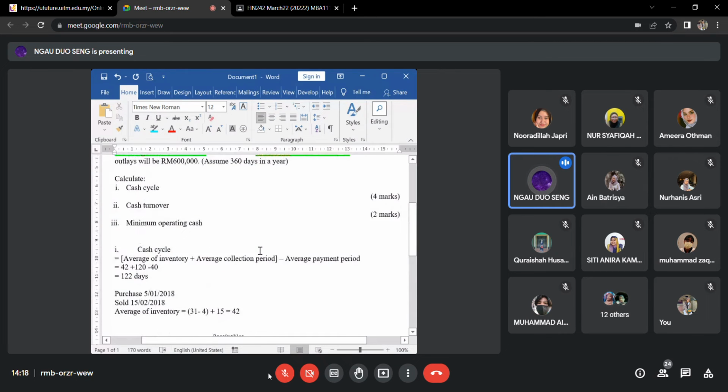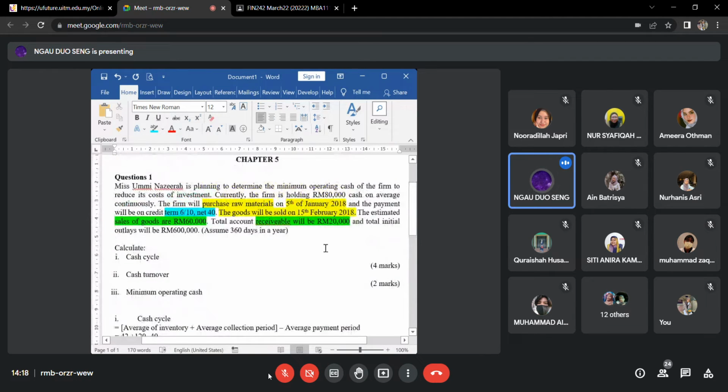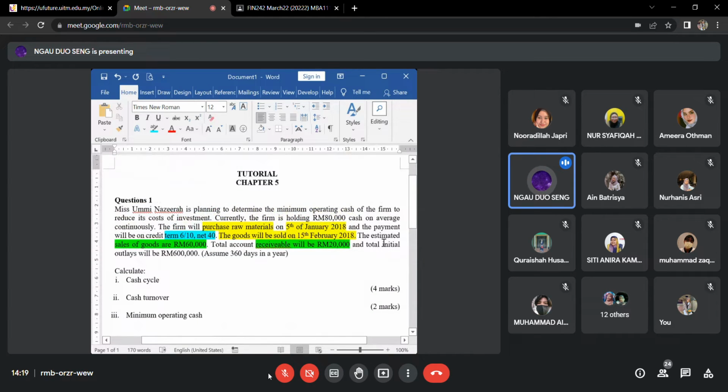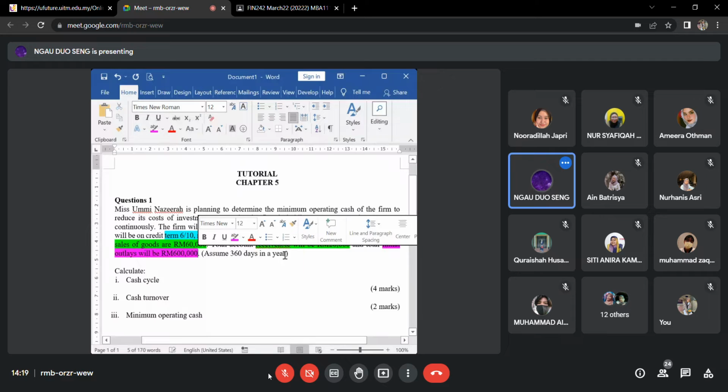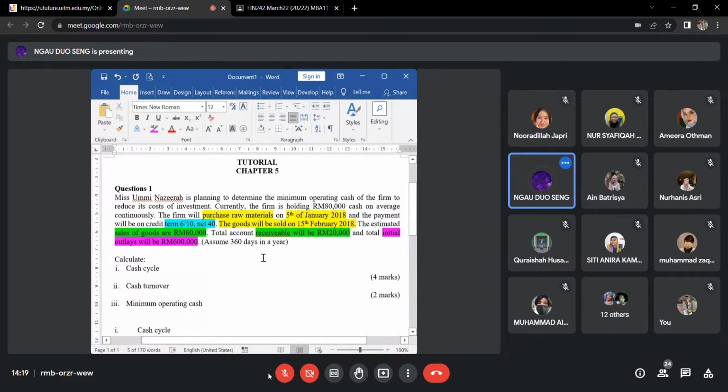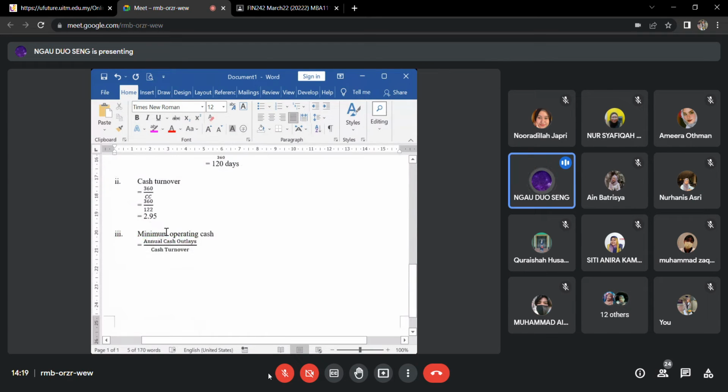So we refer back to the question, check ada tak initial outlay. So we have the initial outlay kat sini, which is 600,000. So we just copy 600,000 bahagi dengan cash turnover. 600,000 divided by 2.95.